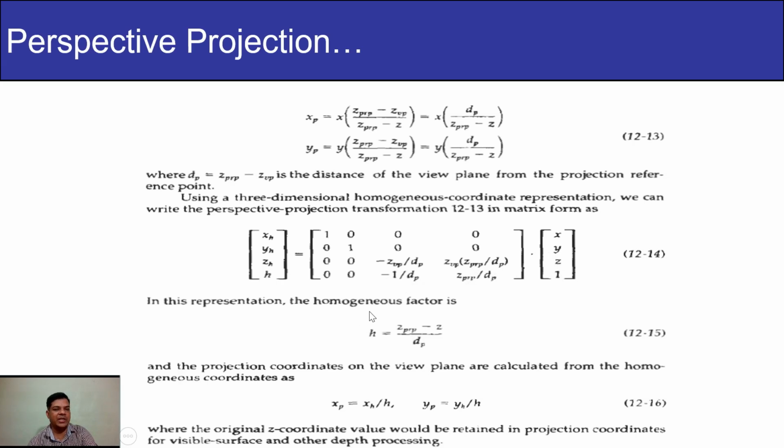H is the homogeneous factor, and the value of h is (zprp - z) / dp. The projection coordinates on the view plane are calculated from the homogeneous coordinates as xp = xh / h and yp = yh / h.